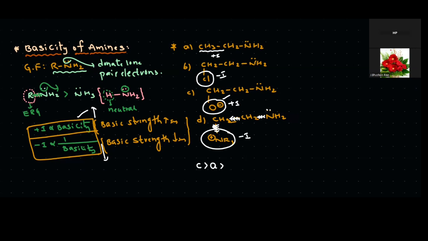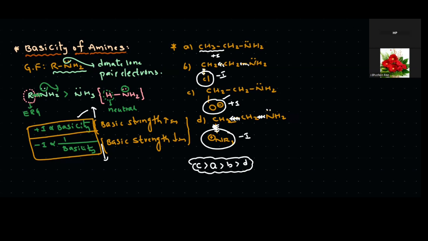So the next basic compound is B, and the least basic one is D. This is the order of basicity of the given four compounds based on the plus I and minus I groups.